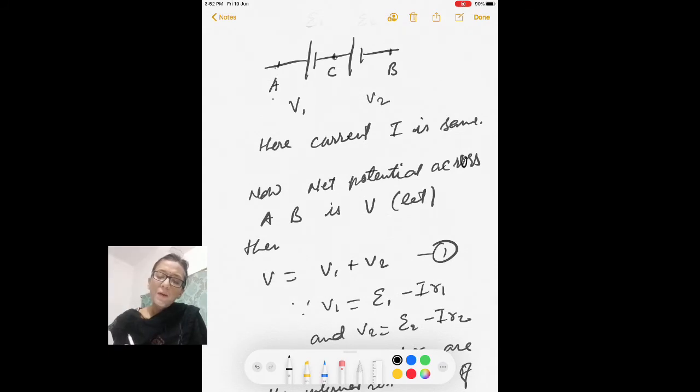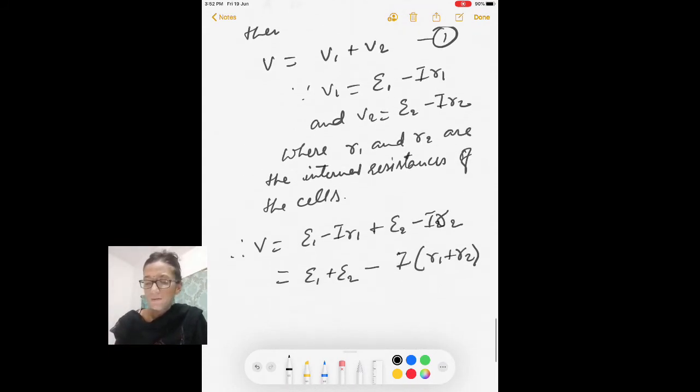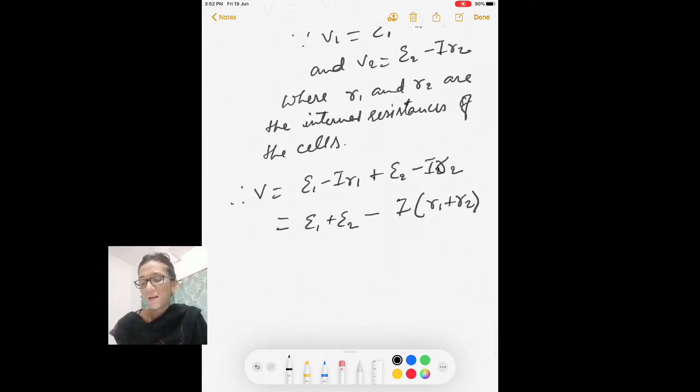Now if we replace the combination of these two cells by a single cell which is providing the same current I, then we can replace this way.